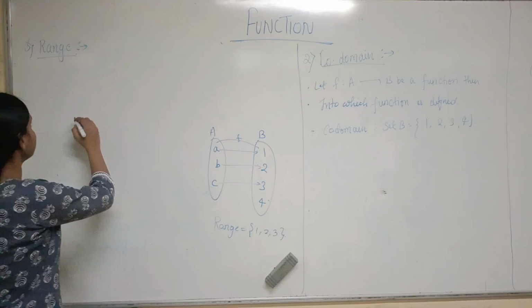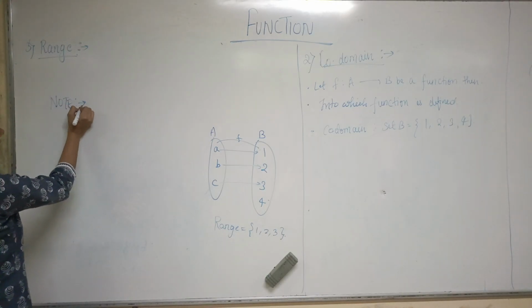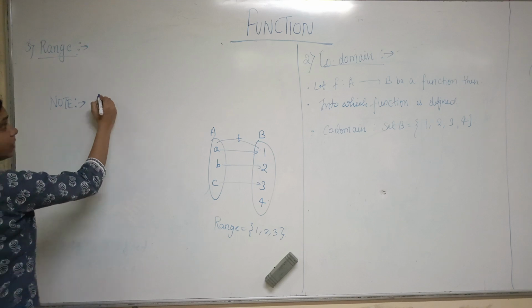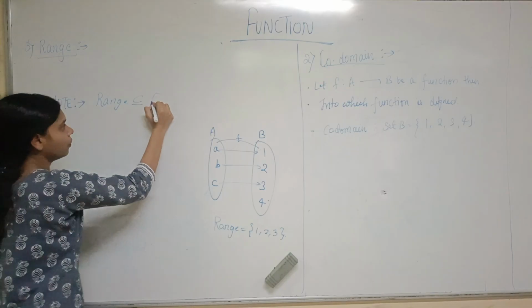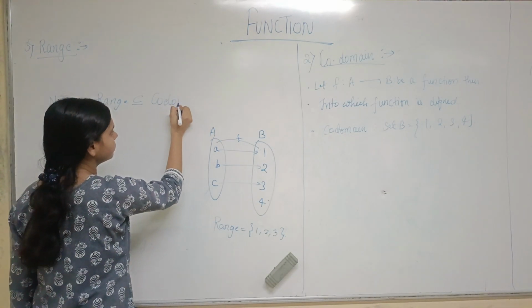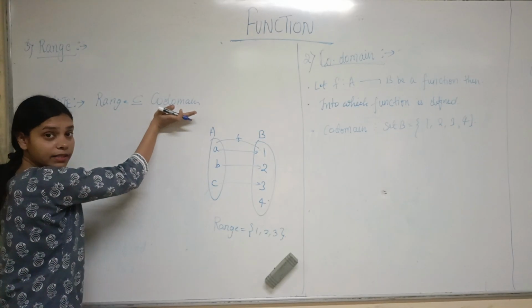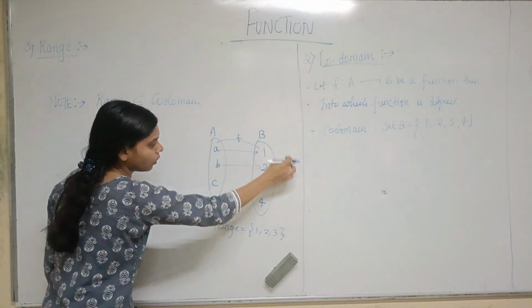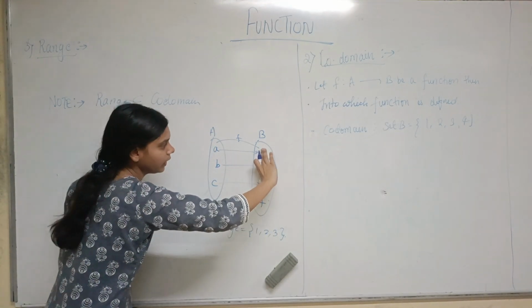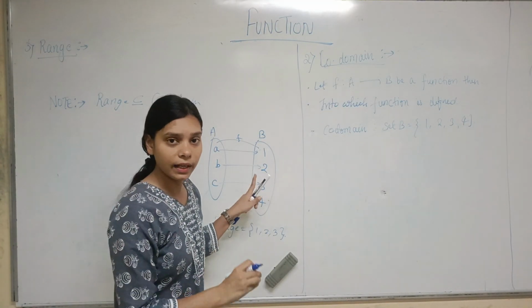So we can write, note it down: range is a subset of codomain. Why? Codomain means all, and range means only the elements for which there must be an association or connection.